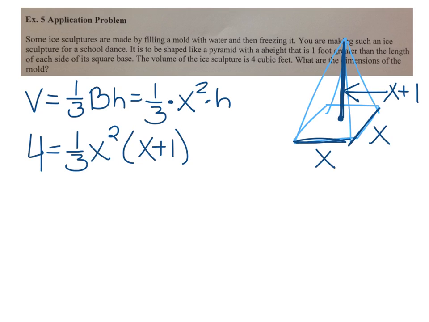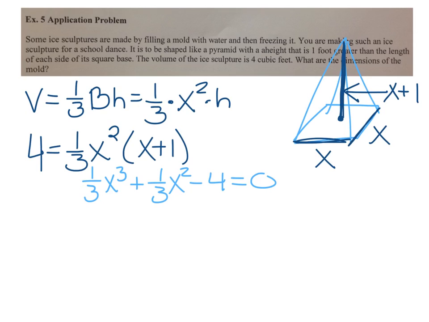Okay, now you know anytime you have a polynomial, we need to set it equal to your good friend 0. So we're going to multiply this out. I'm going to distribute, and I'm going to get 1/3 x cubed plus 1/3 x squared, and then minus 4 equals 0.